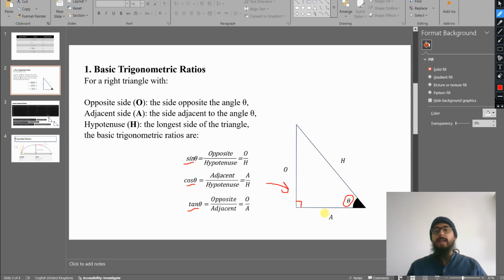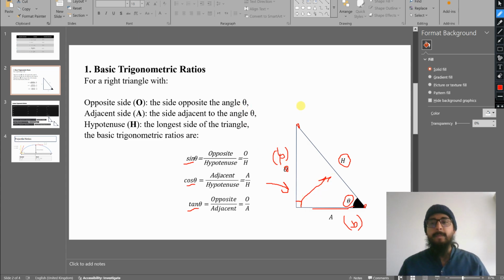So according to that angle, an adjacent side is called A or base, and the opposite side is called O, or perpendicular as well in some textbooks, and the remaining side, which is the longest side in the triangle, is the hypotenuse. Another way to remember the hypotenuse is that it is opposite to the right angle, right?